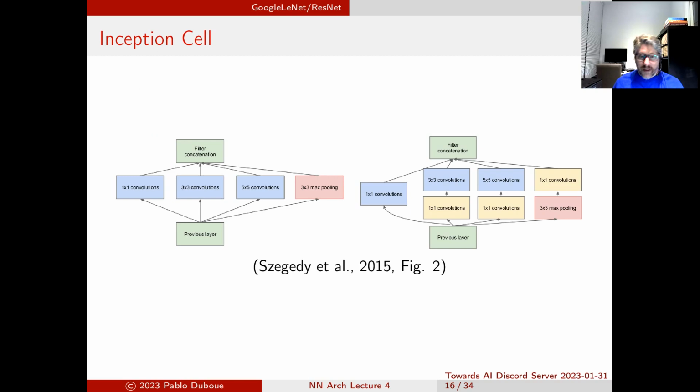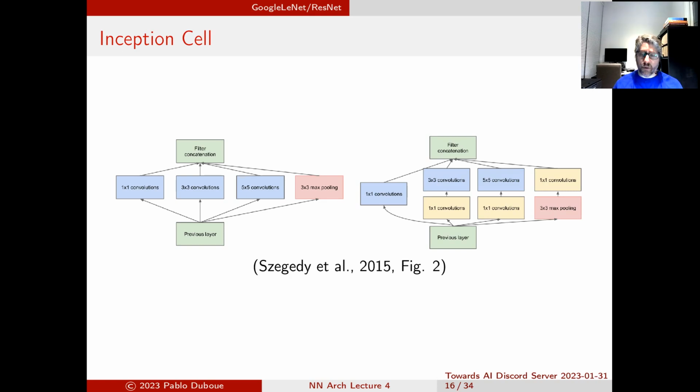So the Inception Cell looks like this. From the previous layer, you run in parallel 3 types of convolutions and a max pooling that try to capture this idea of clustering the activations of the neurons. This, of course, will blow up the number of features.